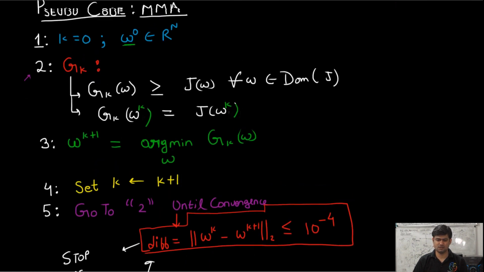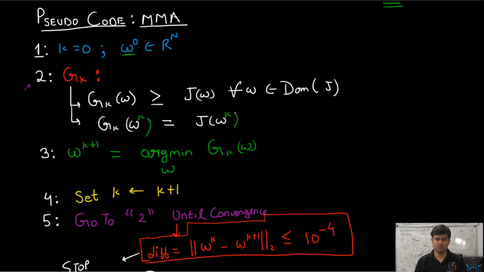So that's all about the majorization minimization algorithm. The important thing to note is that majorization minimization is a mathematical concept where instead of minimizing the original loss function, because perhaps it may be difficult or complex to minimize, or it may be a non-differentiable convex function, instead of trying to directly minimize the tough loss function, we replace it with a sequence of easy to minimize loss functions.